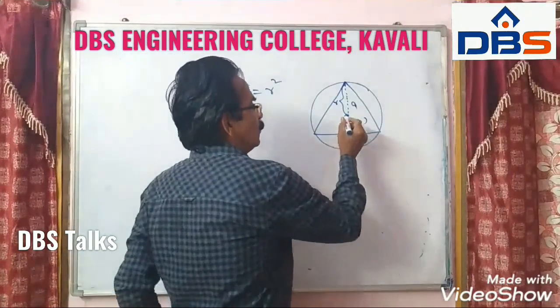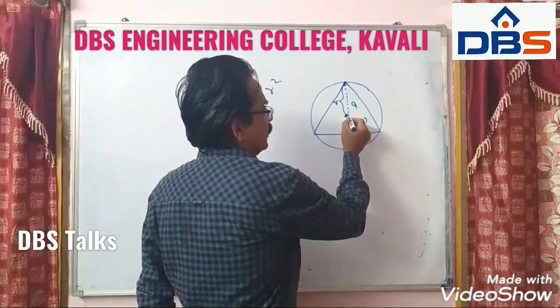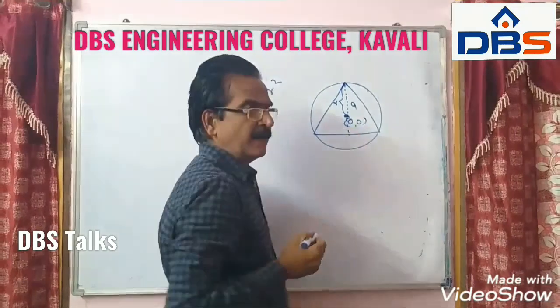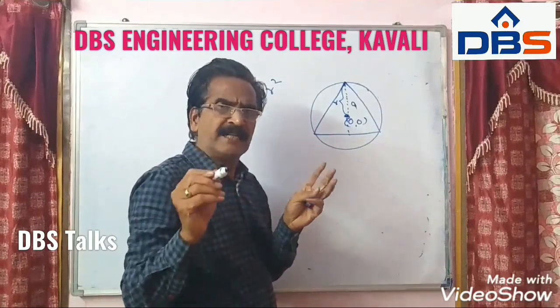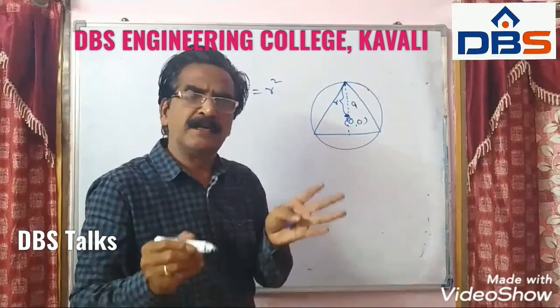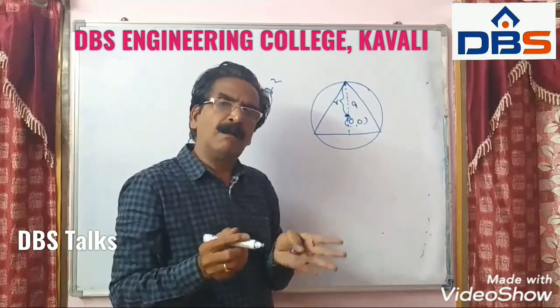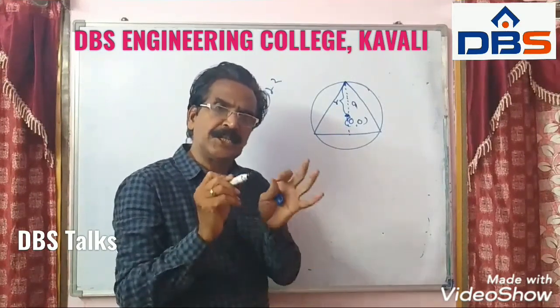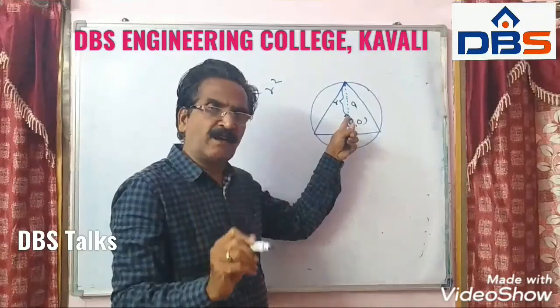So you know this is the median, and this is the centroid. This is an equilateral triangle, friends. For an equilateral triangle, the centroid, incenter, orthocenter and circumcenter all lie at the same point. So this point can be taken as the centroid.